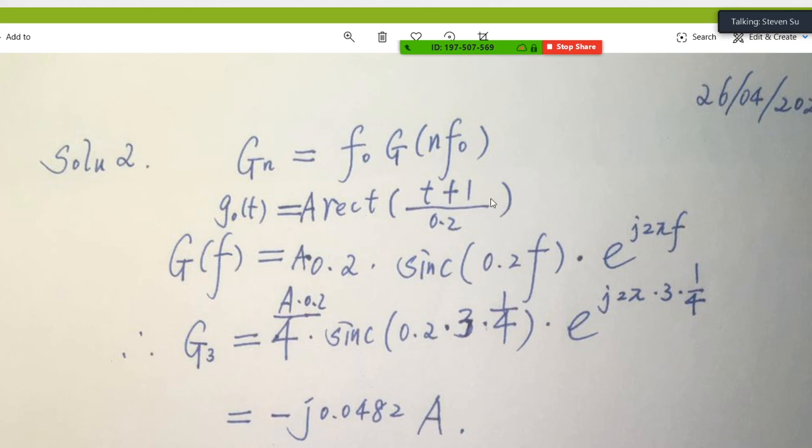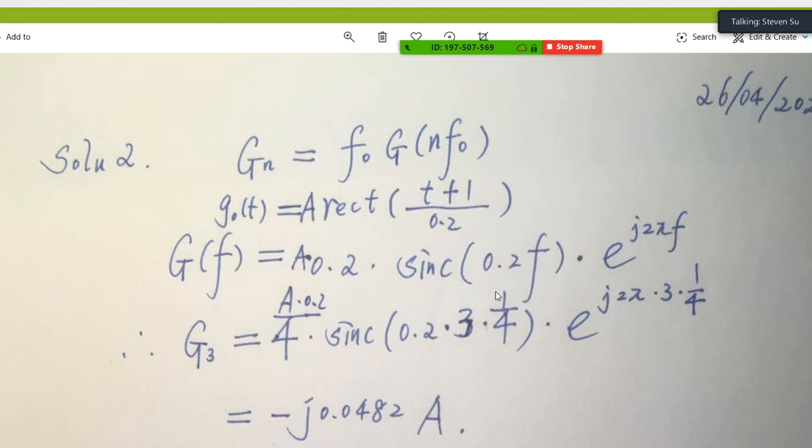So why is this form so important? This is the scale, this is the shift, and the shift is positive 1. So you need e^(j2 pi f times 1), and then this is the Fourier transform of a rect function. Then you use the formula for G3, and you put n as 3, and f as 3 times fs.